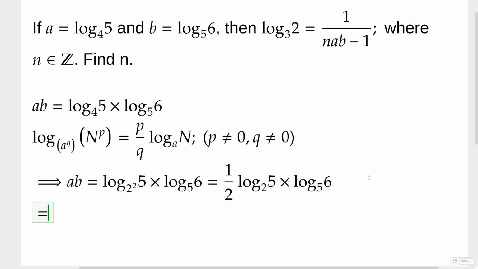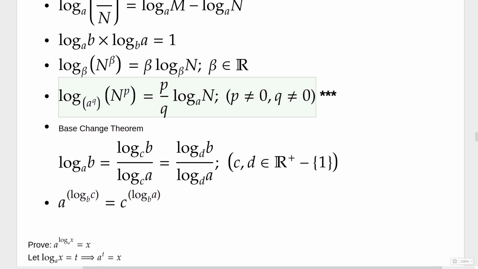Now proceeding ahead, I'm just continuing this expression. Now if you see, you have log 5 base 2 here and log 6 base 5 here. So we can apply one more property, that is the base change theorem. Whenever you have log b base a, you can take an intermediate base of your choice according to the situation of the problem, and break it down into numerator and denominator.